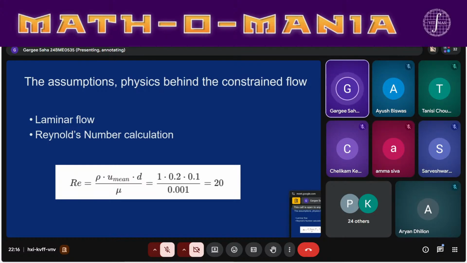So here it's the diameter of the cylinder. And mu, the denominator, is the dynamic viscosity of the fluid, which is 0.001, and we get a Reynolds number of 20.